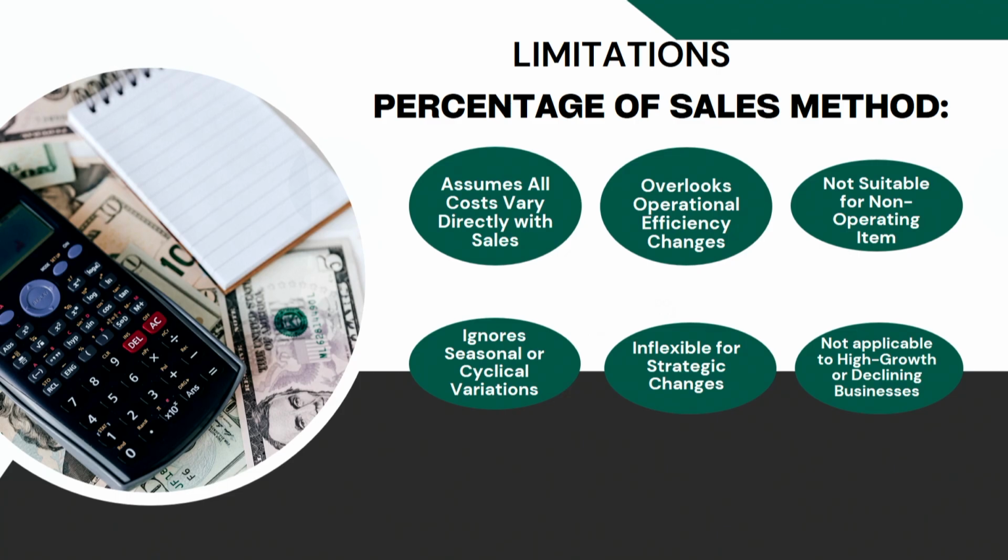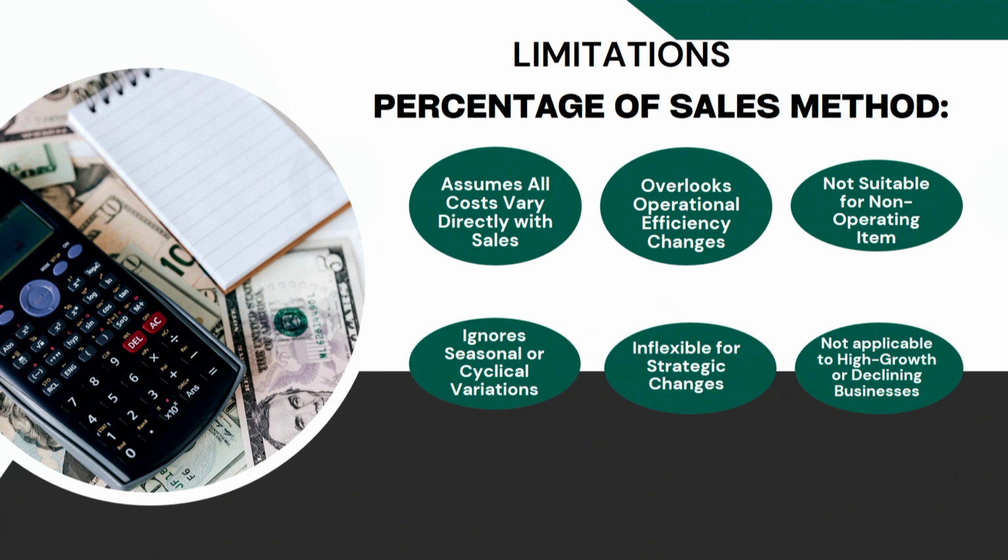Now moving further, when you are going to talk about percentage of sales method, they are not also free from impediments. There are certain bottlenecks which always come on the way when you are going to project the income statement for the purpose of financial decision making in a robust and rational manner. There are certain limitations jotted down over here.